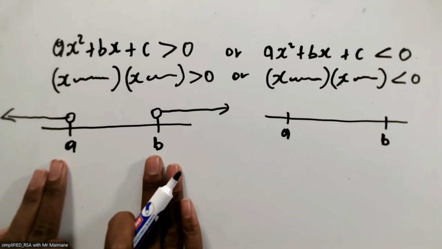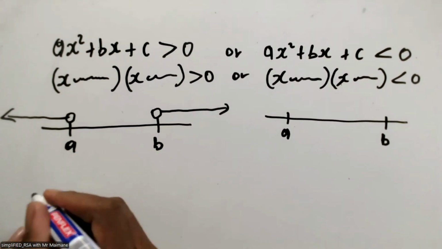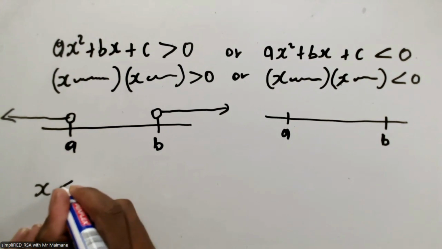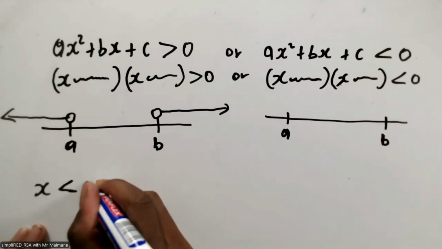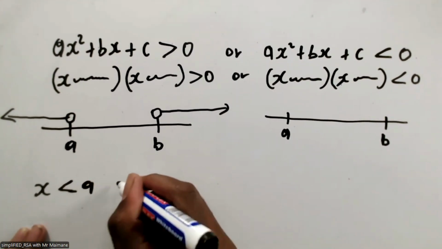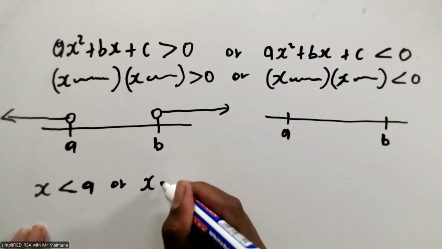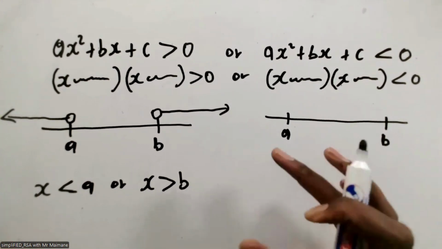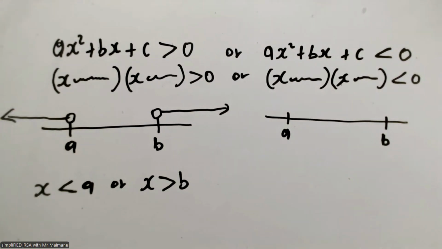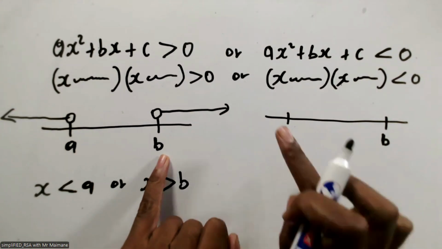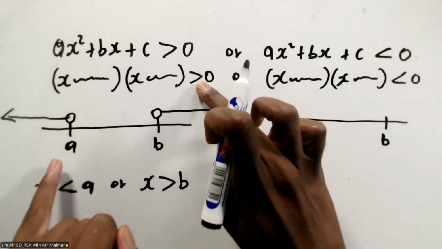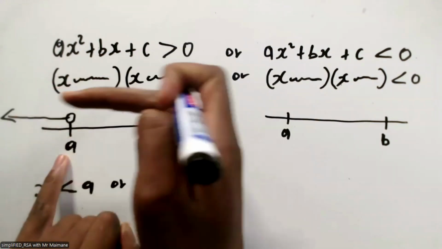Exactly as it is on your number line, you give your solution such that x is less than a, or x is greater than b. This is what you have. Bigger number takes the original sign, smaller number opposes the original sign.